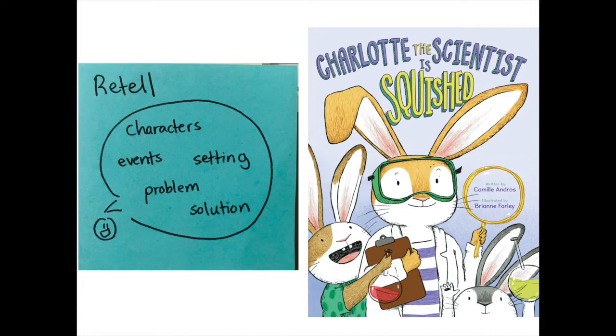But thinking back as to the characters, the events, and the setting, it didn't seem like the problem of the story was that she didn't have enough space, but that she really wanted to find her own space, how to balance wanting to be by herself, but also wanting to be with her family. She didn't seem to know how to do that. And that, I think, was the real problem in the story.